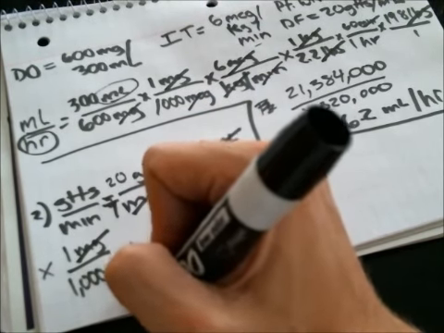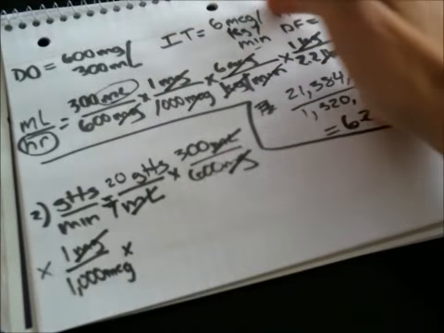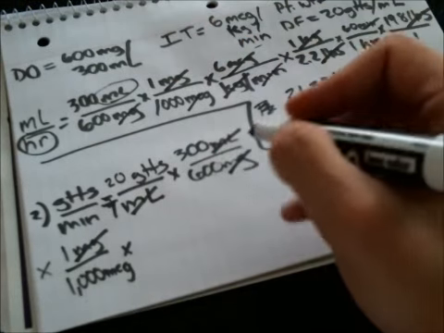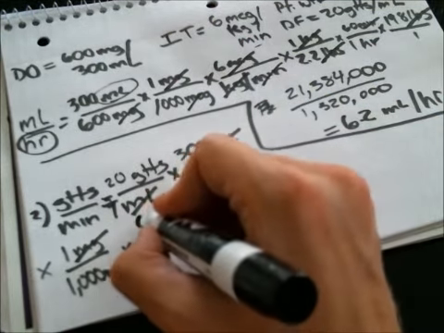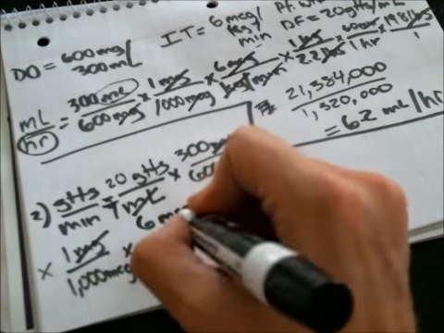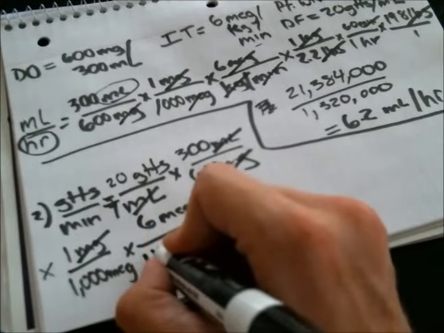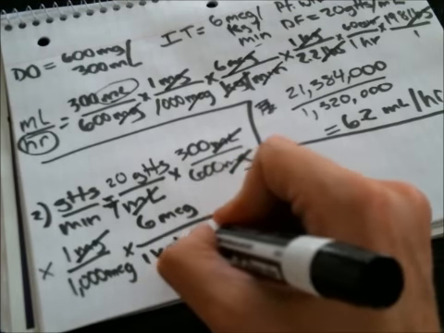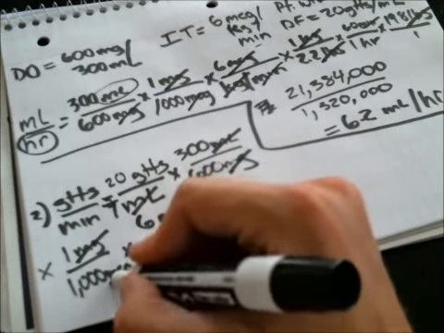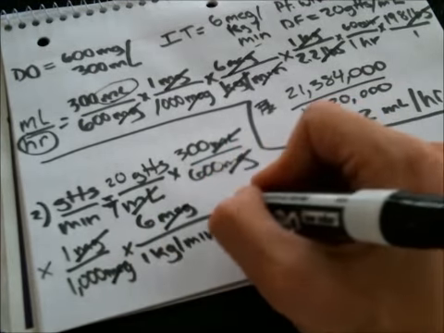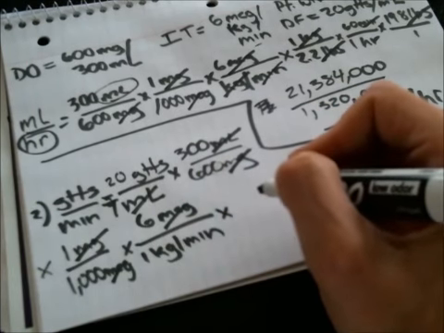Let's take the next piece of information. We still have the infusion time, 6 micrograms per kilogram per minute. So let's do 6 micrograms on the top per 1 kilogram per minute. Okay, we can then cancel out micrograms. Let's look at the next piece of information.